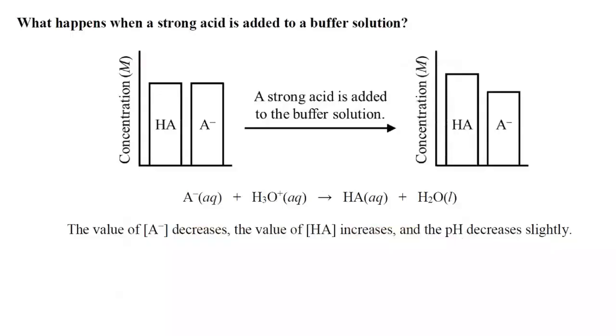So what happens when a strong acid is added to a buffer solution is the following. A strong acid is added, the conjugate base in the conjugate acid-base pair reacts with the hydronium ion from the strong acid to produce more of the weak acid. So the concentration of the conjugate base decreases, the concentration of the weak acid increases, and the pH will decrease, but only slightly.